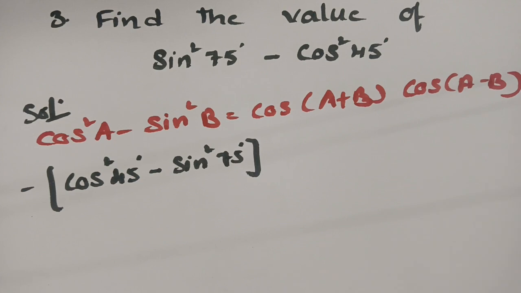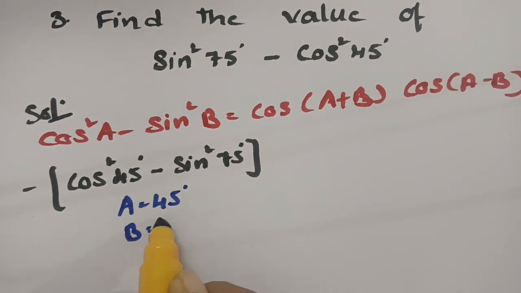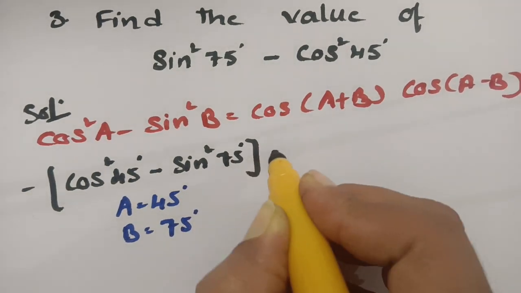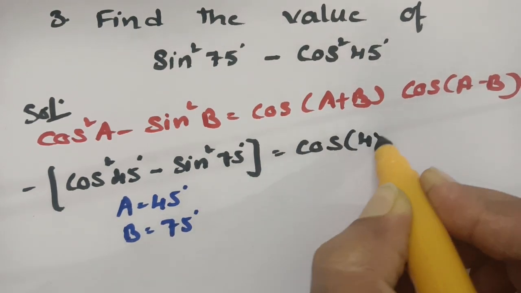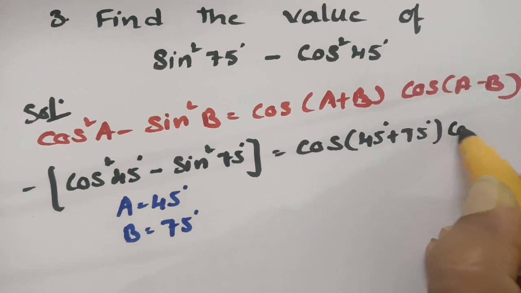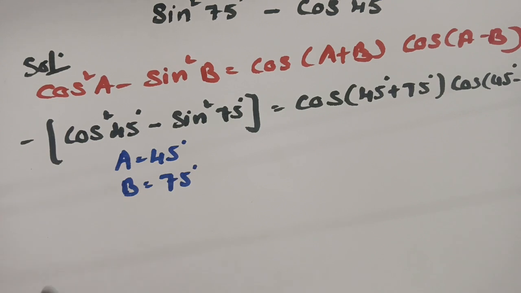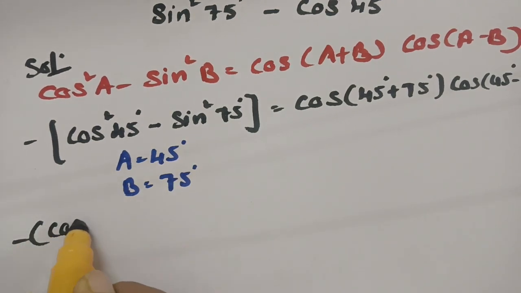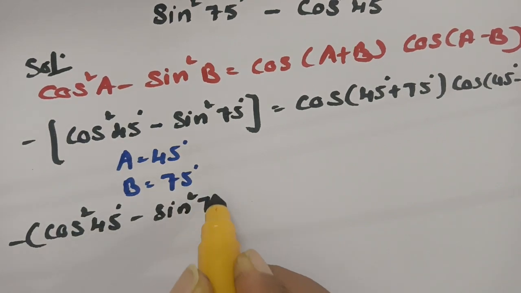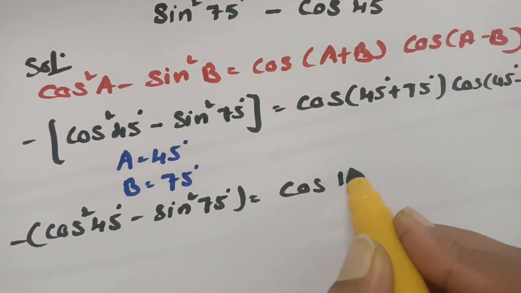So a is equal to 45 degrees and b is equal to 75 degrees. If I substitute, this will become cos of 45 plus 75 and cos of 45 minus 75. Clear? And therefore minus of cos square 45 minus sine square 75 degrees is equal to cos of, clearly, 120.